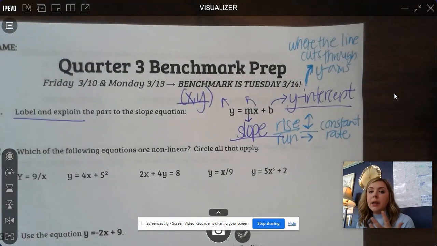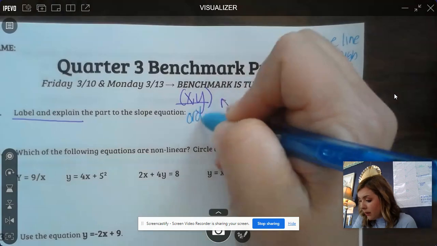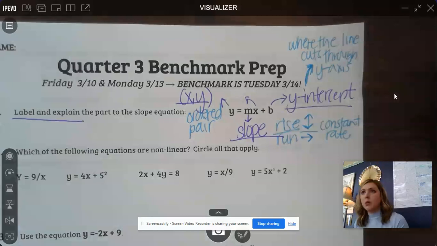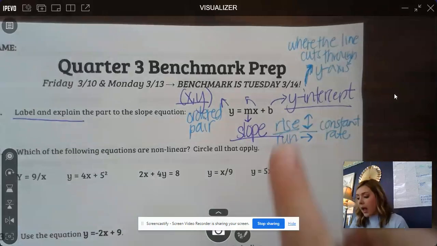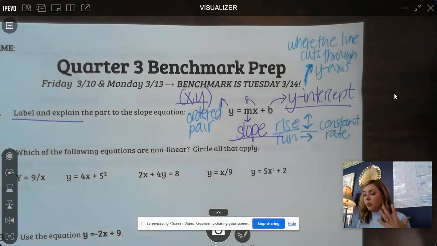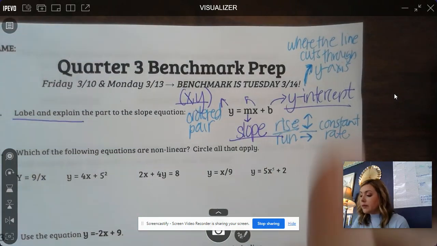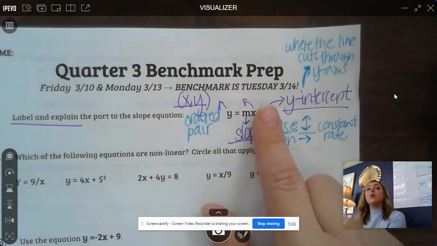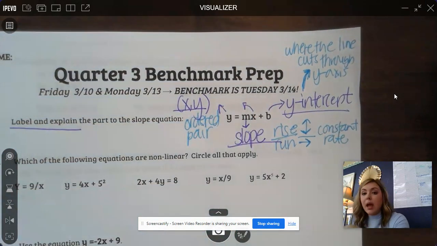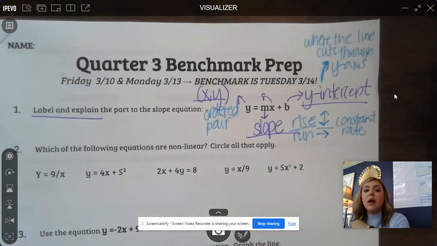And a lot of times we tend to forget that X and Y go together as an ordered pair. They are an ordered pair that make this equation true. So whatever you plug in for X and you multiply by your slope and add to your y-intercept, let's say you get a value of 10, well then that would mean that your y would have to be 10 because it is a balanced scale. So an X and Y ordered pair makes it true, makes it balanced.